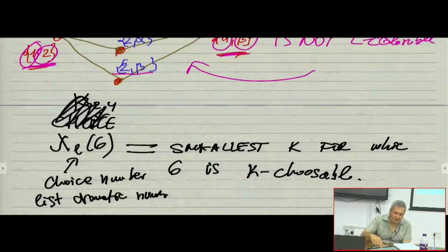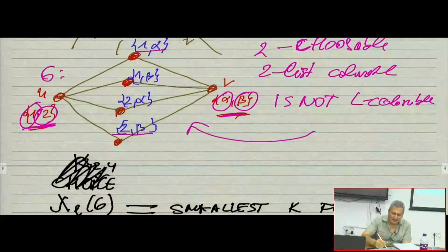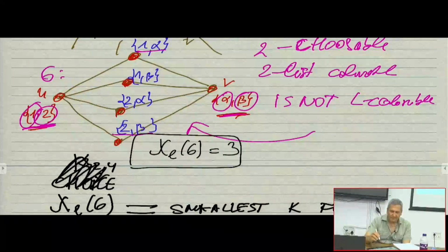So probably for this graph, I'm quite sure we have no time to play, but you can check as an exercise that for this graph the list chromatic number is 3. Maybe we can leave this for an exercise for later this afternoon. So we take lists of size 3. Yes, it will be 3.